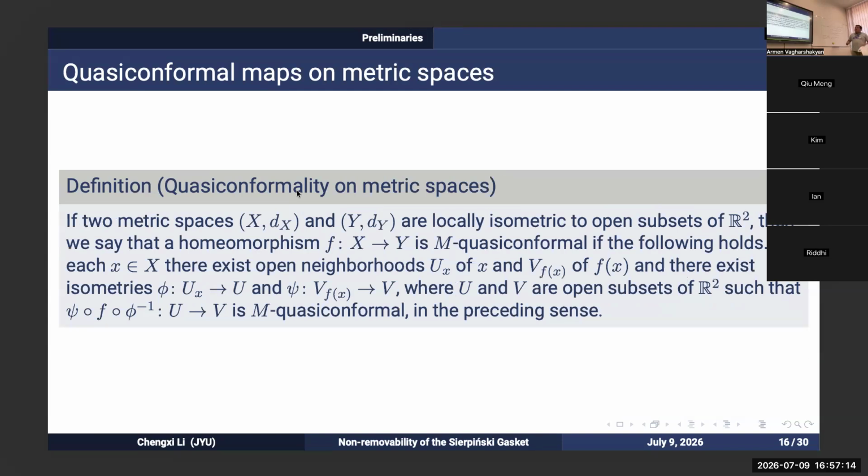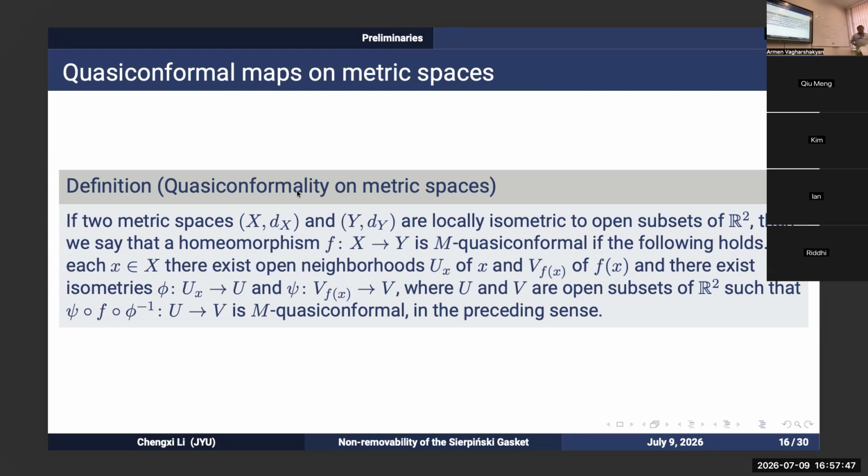Since this problem is from R2 to R2, or we say from C to C, only using C to C cannot solve the whole problem. We also need some techniques on metric spaces. Then we need to extend the definition from planar domains to metric spaces, because we are considering metric spaces that are locally homeomorphic to open subsets of R2.